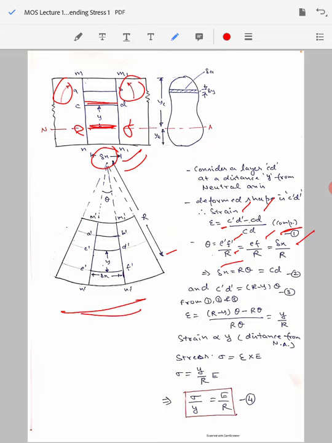So delta x equals R theta, and as delta x is also equal to CD, delta x equals R theta equals CD.